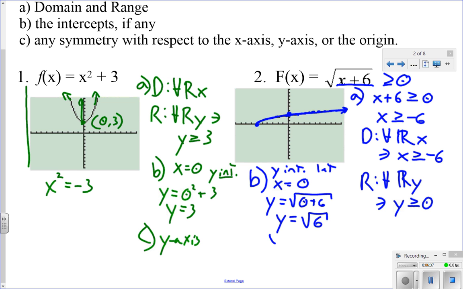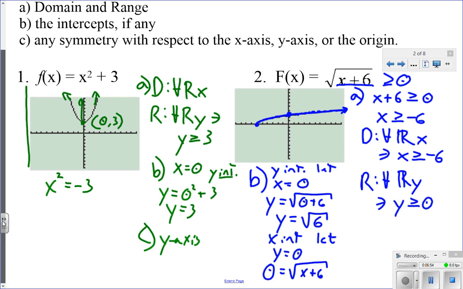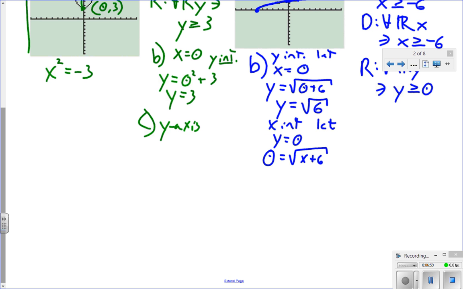Now for my x-intercept, I let y be equal to 0. When y is equal to 0, I get 0 equals the square root of x plus 6. If I square both sides, I get 0 squared is 0, equals x plus 6. Then I get -6 equals x. So I can see I have my two intercepts here.